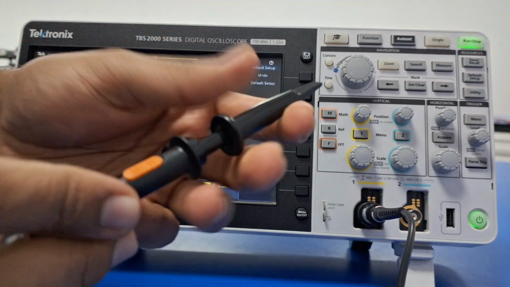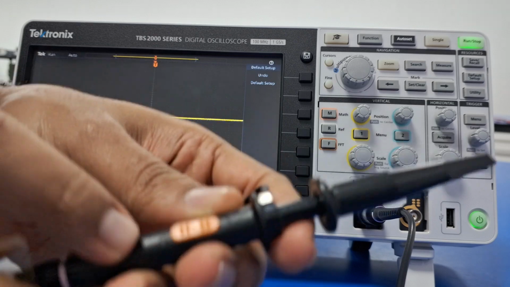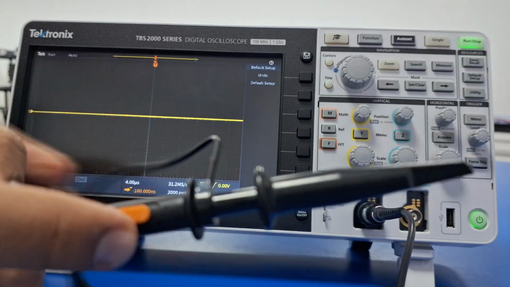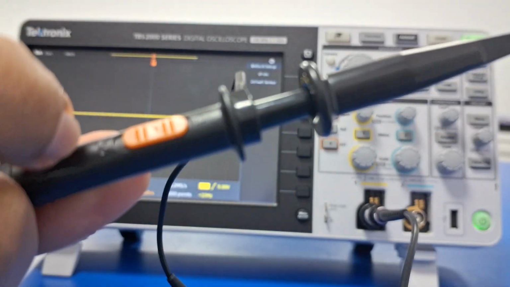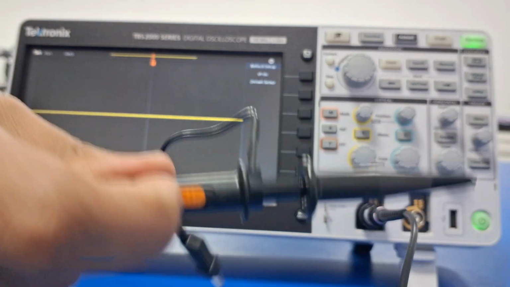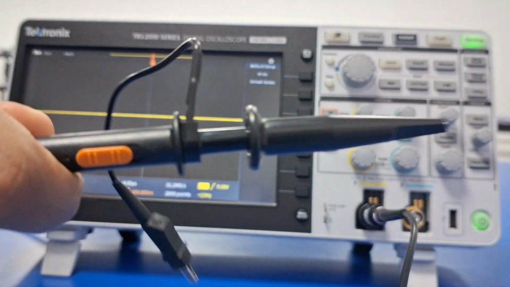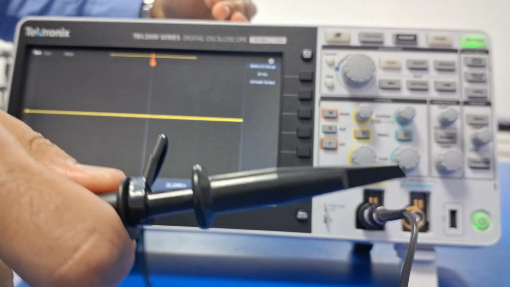There is also a small selector button here, and it says 10x and 1x. This is essentially the scaling factor. You can have it scaled to times 10 or times 1. In this initial stage, ideally we want the exact same readings as the signal that we are inserting.